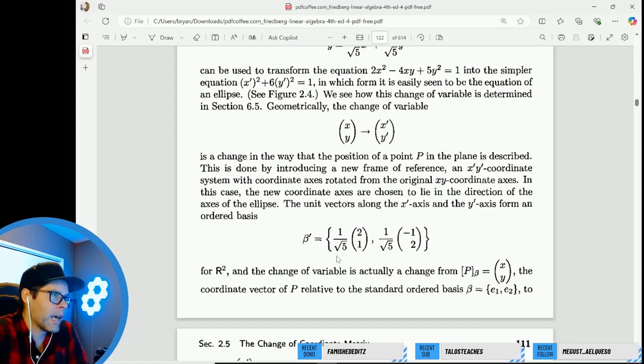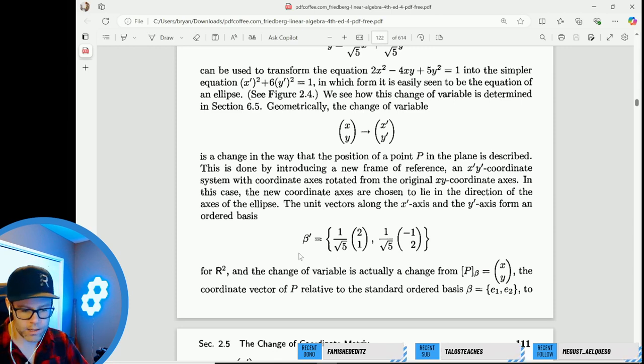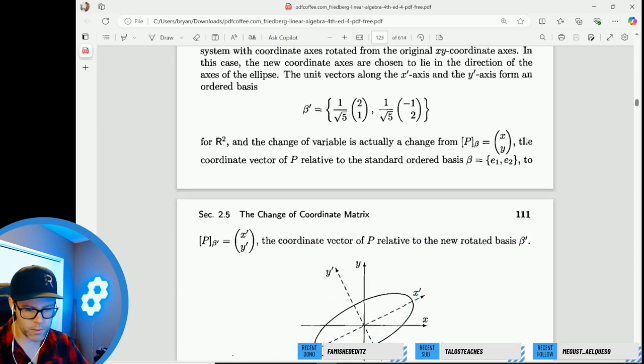And if that is the case, how can I manipulate what I have to work in a different basis? So that's the natural question. And usually we start by thinking about what happens to the standard basis, so that's our E1, E2, and then some kind of alternative basis as well.